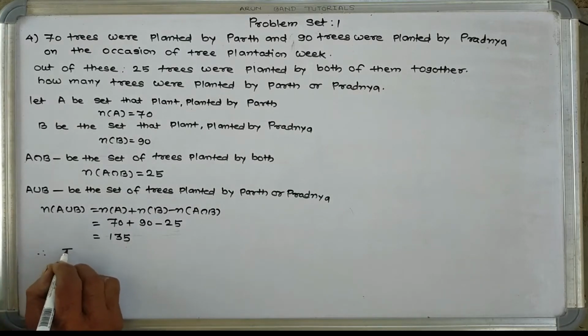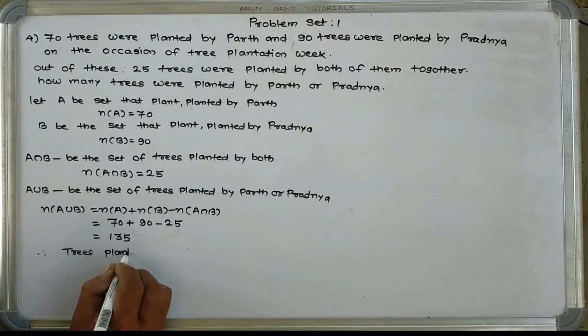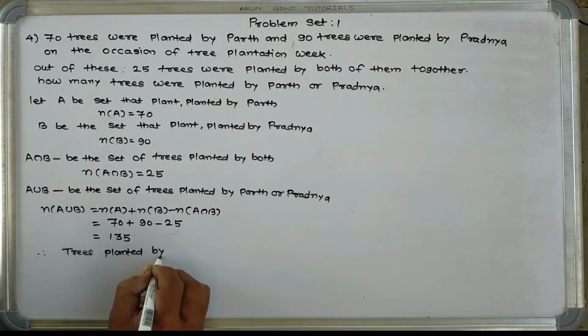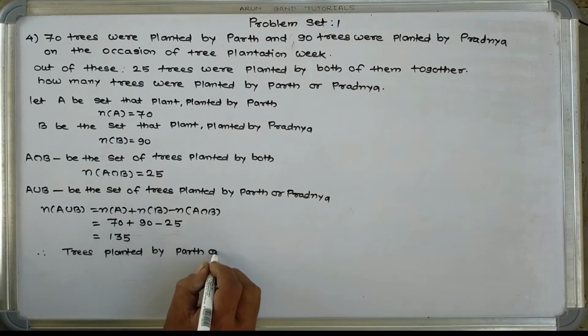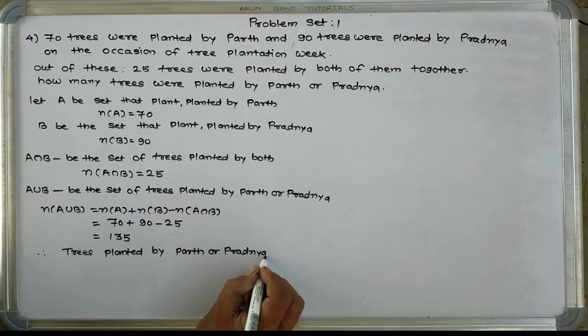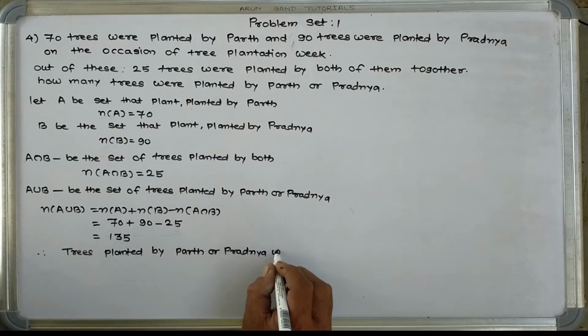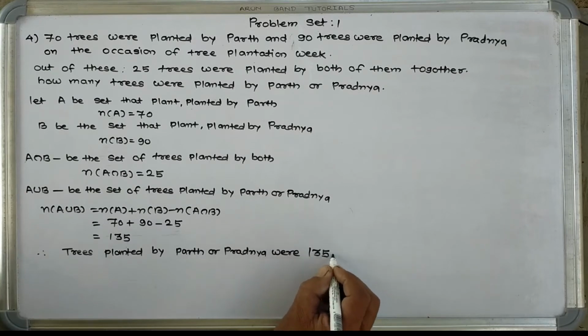So trees planted by Parth or Pradnya were 135.